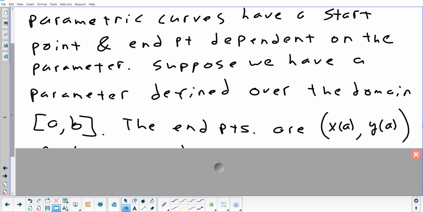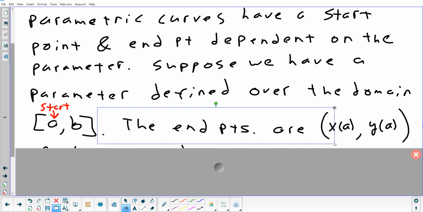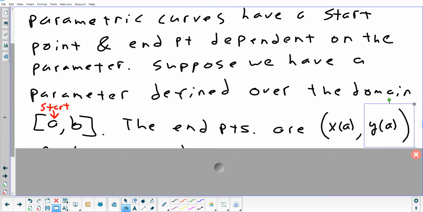First, you have to find the x value of the starting point and the y value of the starting point. And the way you find the starting point is you look at the low value in your interval and you plug that number into the formula for the x's and the formula for the y's.